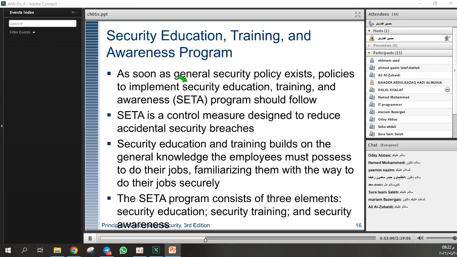This is SETA: security, education, and training awareness. We say that SETA is a control measure designed to reduce accidental security breaches. This sentence is very important. SETA is a control measure designed to reduce accidental security breaches. What does it mean?